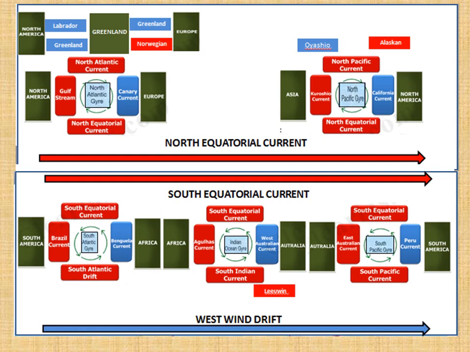But be very thorough with the location as well as the nature of the current, because this is a very important topic and UPSC has a liking for this topic. Every year they usually ask one or two questions from this topic, so you must remember all these ocean currents in detail.